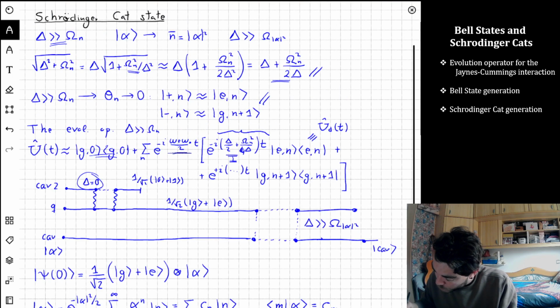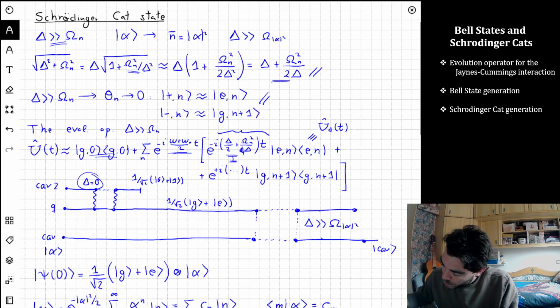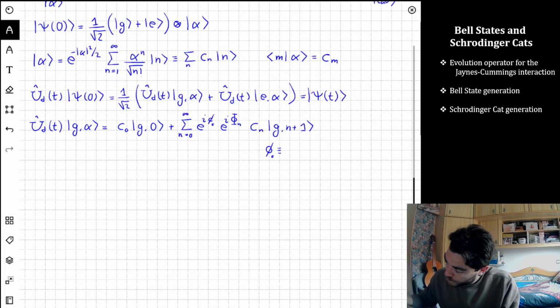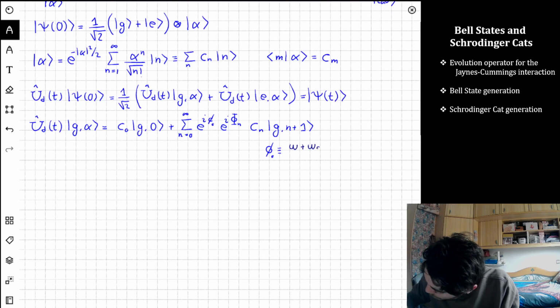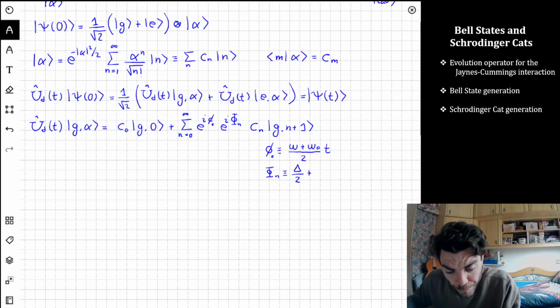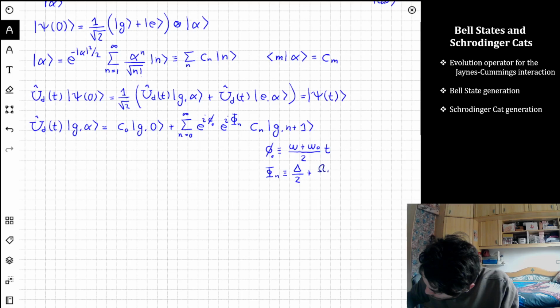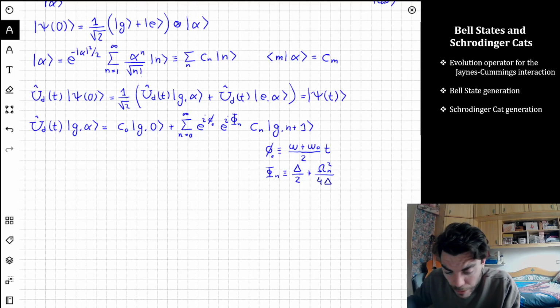This phi_0 is going to be omega plus omega_0 divided by 2 times the time t, that is unspecified, and this phi_n is going to be delta divided by 2 plus omega_n squared divided by 4 delta times t. So it's the phase.